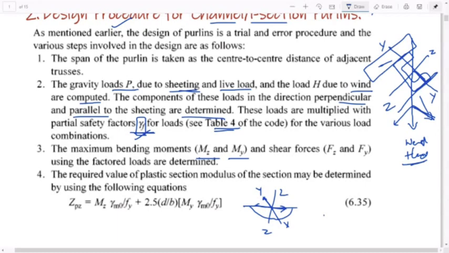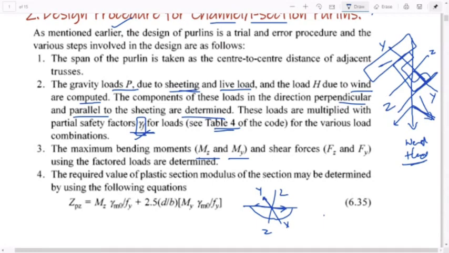Therefore, the bending is going to be about two axes. So this purlin is subjected to biaxial bending, because it is going to bend because of the load about the Z axis and about the Y axis also. So that is why it is going to be a little bit different from the usual beam design.